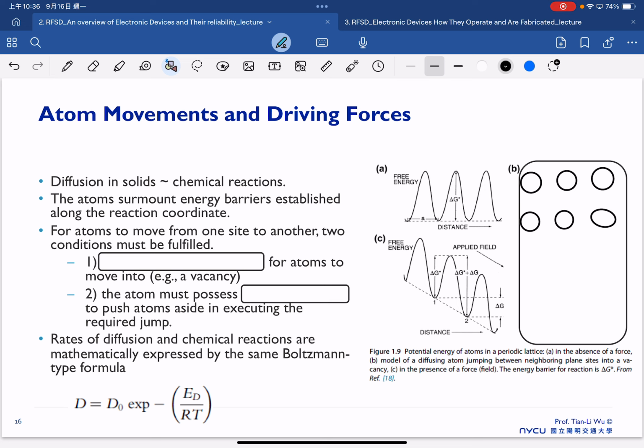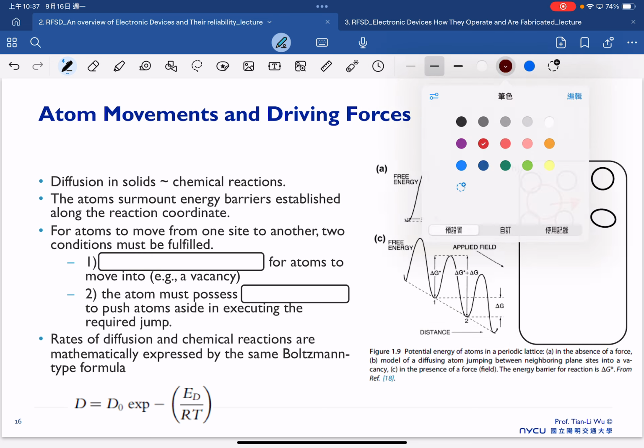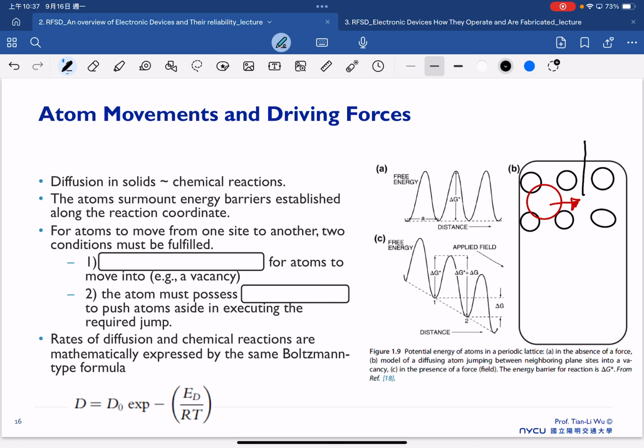If one atom would like to move from left to right, the first condition that has to be reached is that we need to have a vacancy at this place.